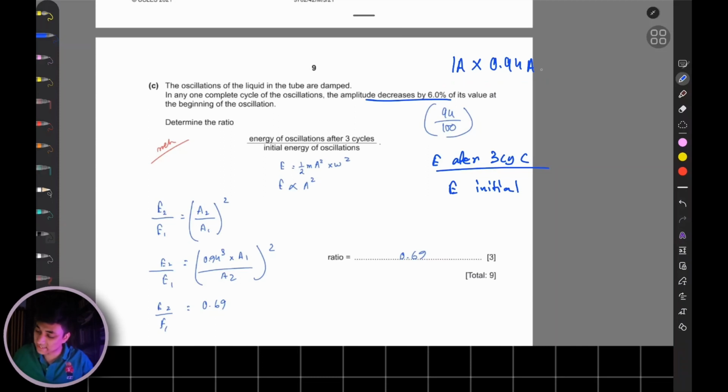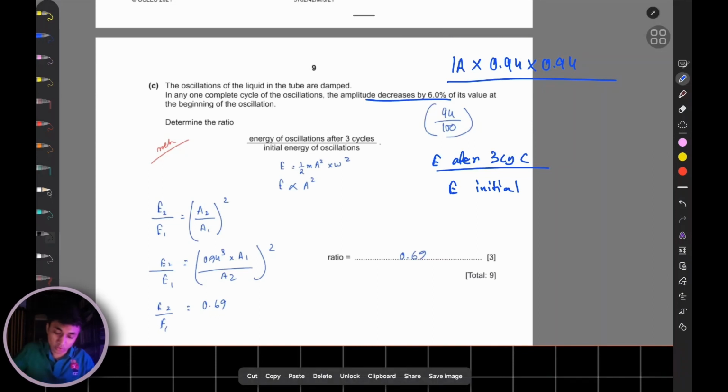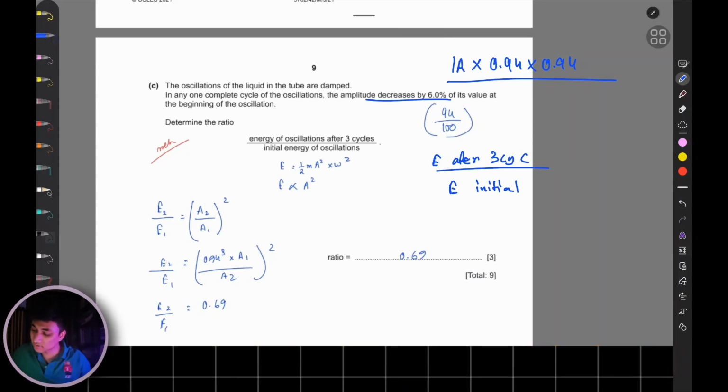So by the second oscillation, again you multiply by 0.94, because the amplitude will decrease to 94%. Again, by the third oscillation, you're going to multiply by 0.94 once again, because the value of the second oscillation decreases again by a factor of 0.94.